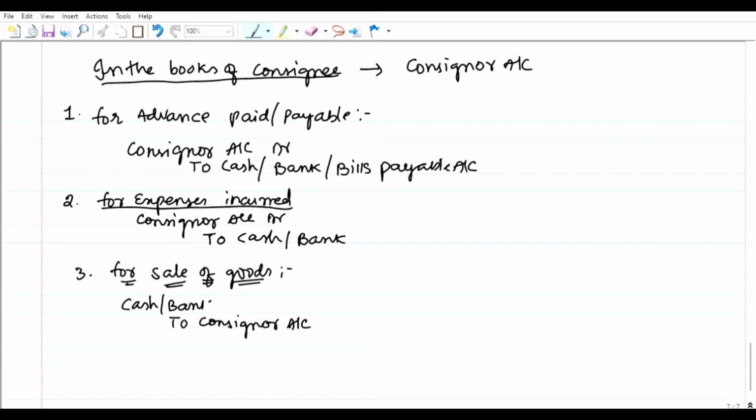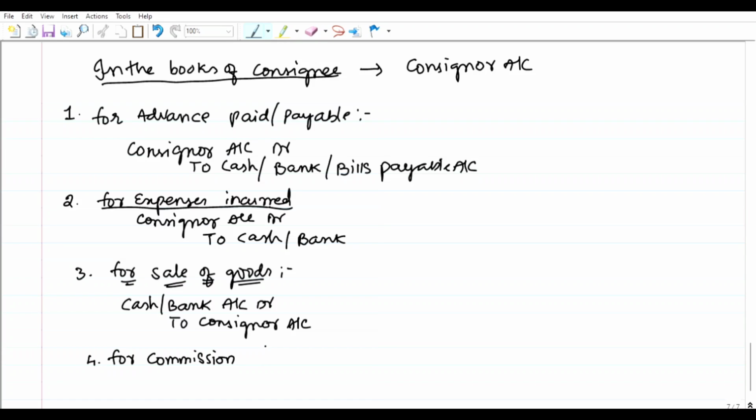And the next entry is what? After selling the goods, the consignee should receive the commission from the consignor, because the consignee works only for commission. For commission receivable, the commission is an income to him, the consignee, and an expenditure to the consignor.